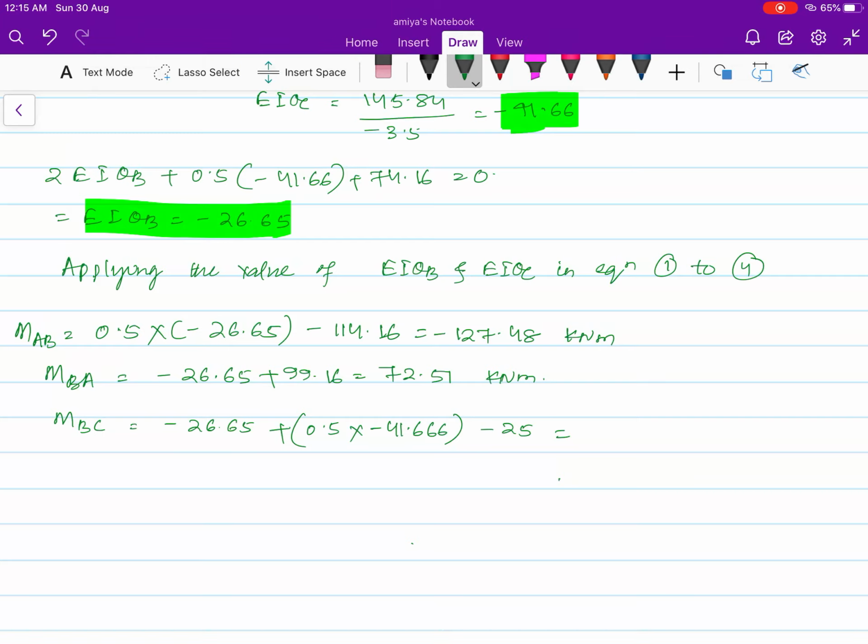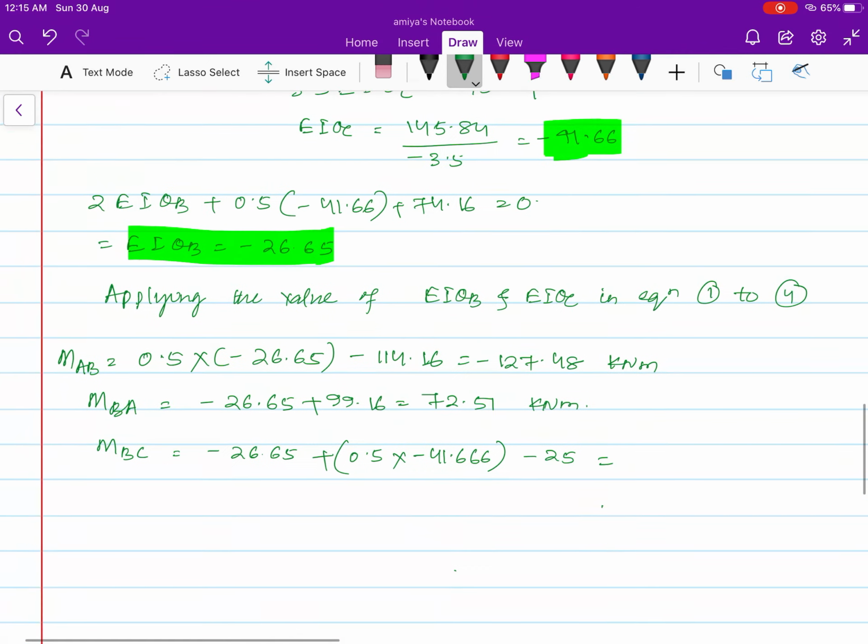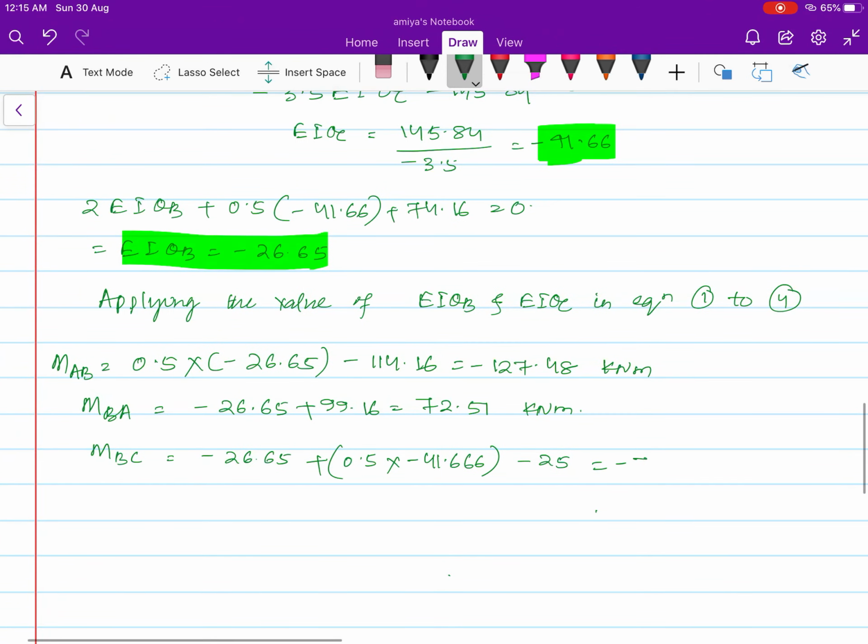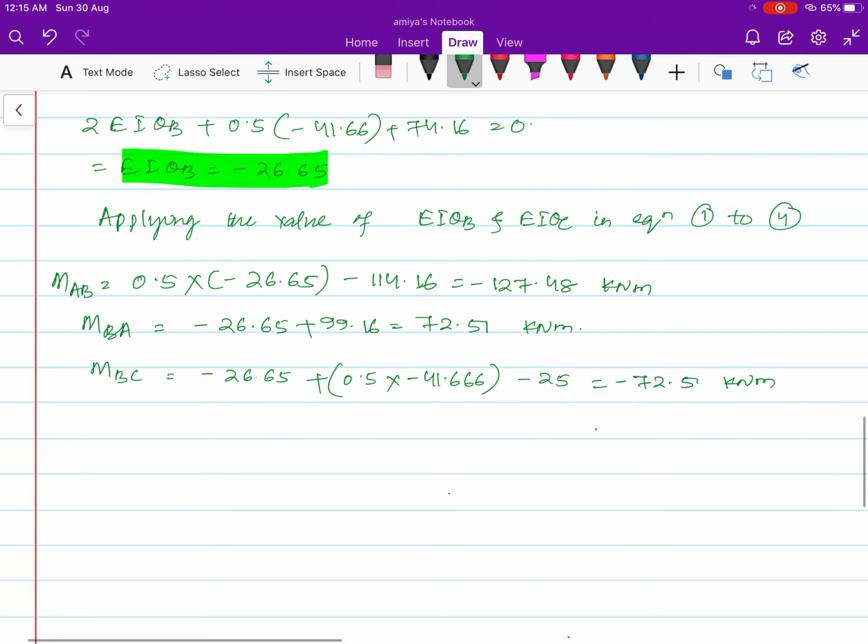So we get minus 72.5 kilonewton meter. You can see that MBA and MBC are the same.